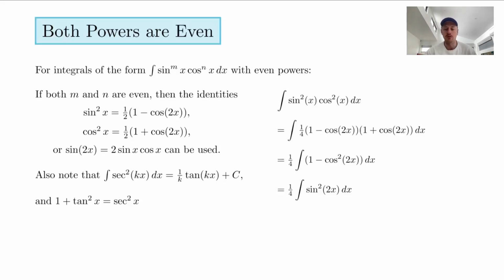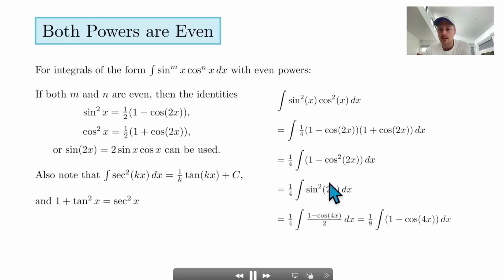Then, and I think this is the trickiest part, we use the first identity again, but since it's sin² 2x, the 2x becomes 4x. If you imagine a substitution where x is equal to 2 theta, that just gets carried through. So if we show those steps, it becomes like this.